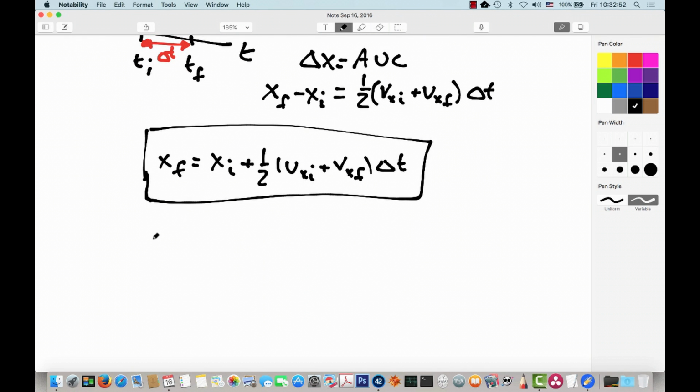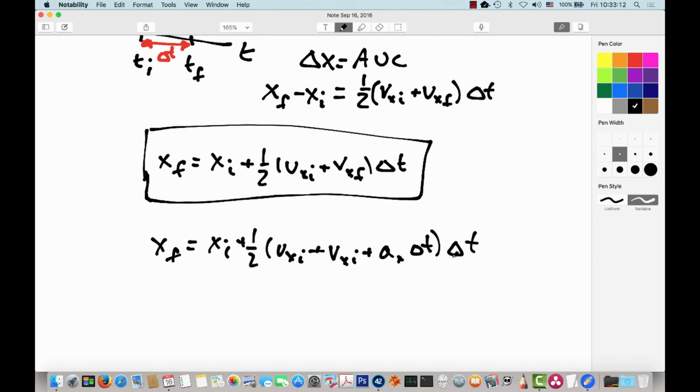So plugging into that, x final equals x initial plus 1/2 Vx initial plus, now my Vx final we're going to write as Vx initial plus Ax delta t. That's all inside the parenthesis, and then we still have a delta t outside the parenthesis. All right, so this much here is going to be 2 Vx initial.